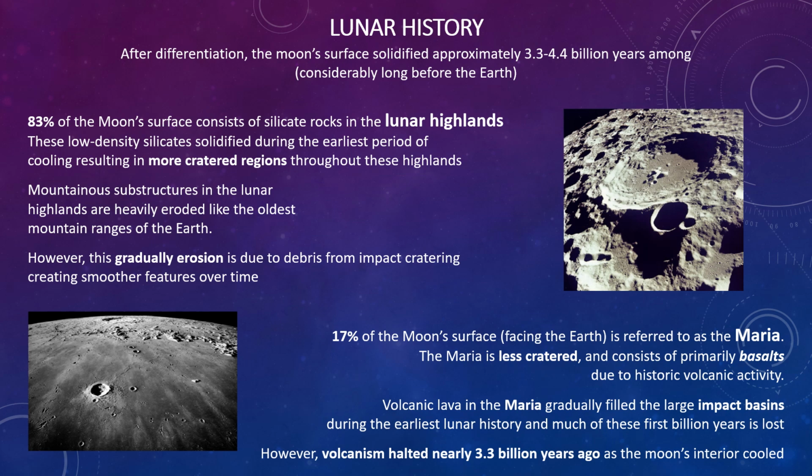So, volcanic lava in the maria gradually filled large impact basins during the various early parts of the lunar history, and much of the first billion years of lunar geologic activity has been lost due to this volcanic lava flow. However, the volcanism on the moon halted about 3.3 billion years ago after the moon's interior cooled down, after it lost its primordial heat.